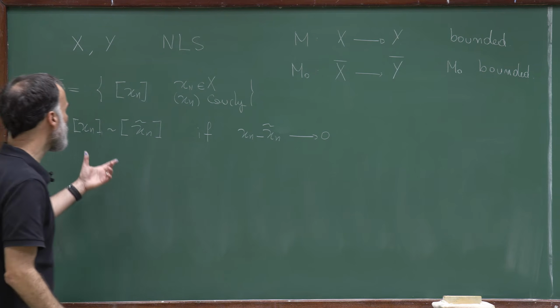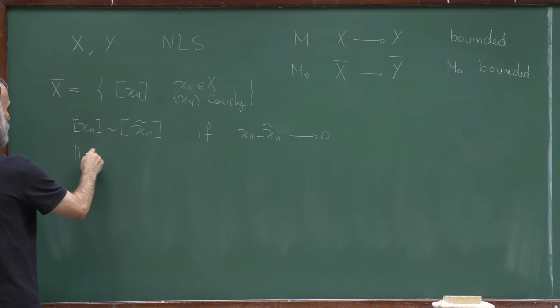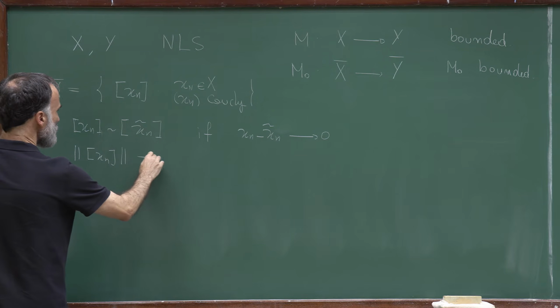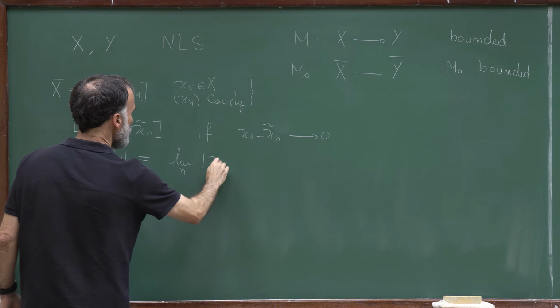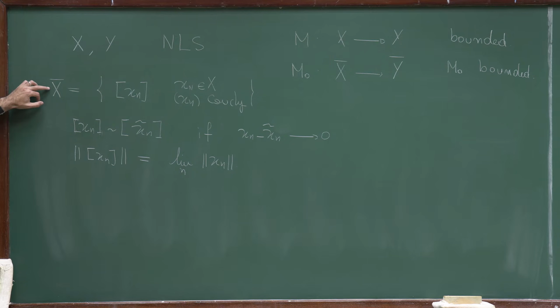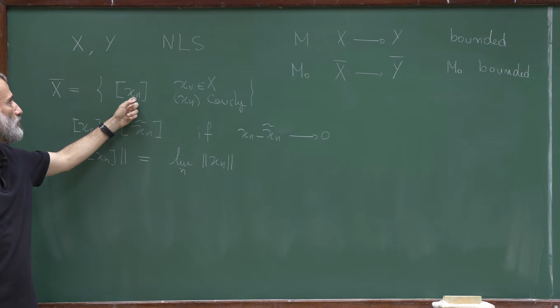So I'll say that they are equivalent or equal, and recall that the norm of a Cauchy sequence is just the limit in n of the norm of xn. So this is just to recall you what is the completion of a normed linear space with respect to a norm. So the elements of X bar are Cauchy sequences, so I'll represent these Cauchy sequences by this symbol.